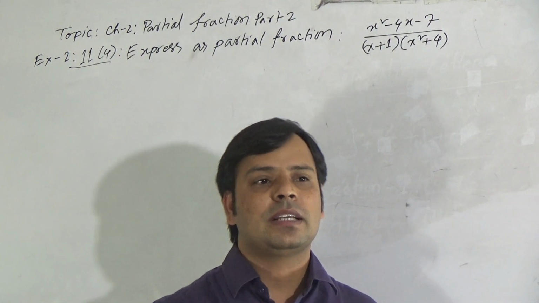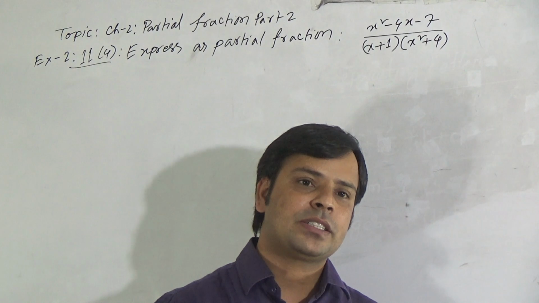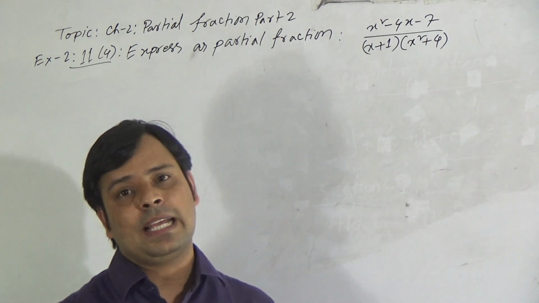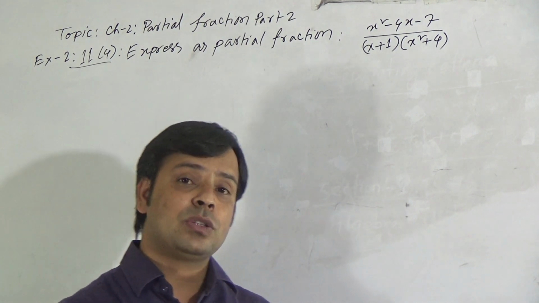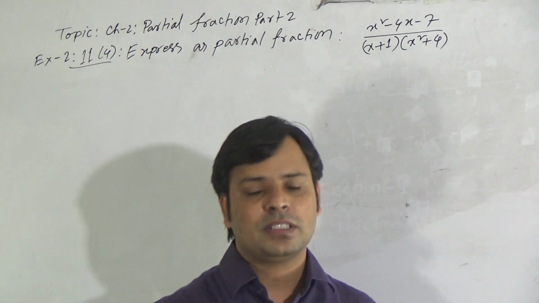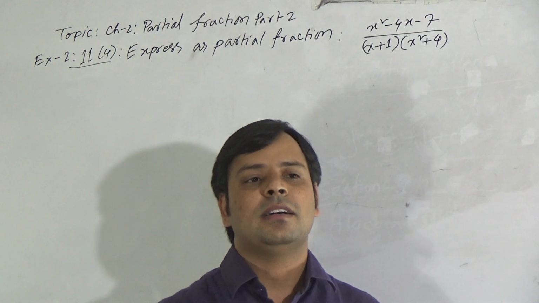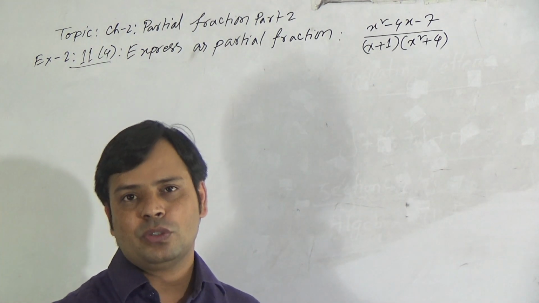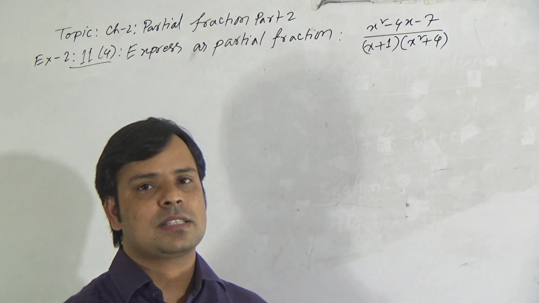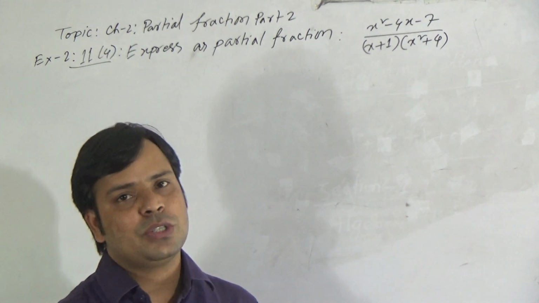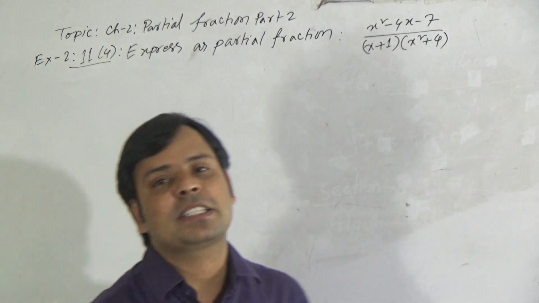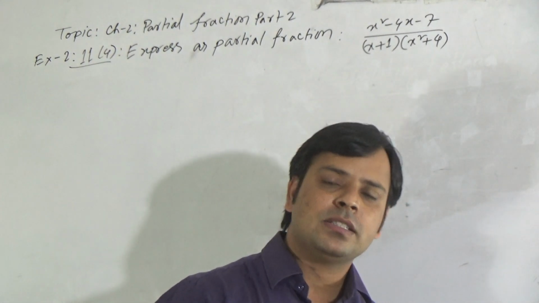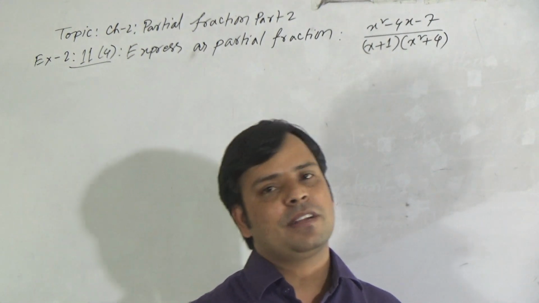In both cases, the denominator has factors where there are no quadratic factors and repeated factors. If there is no quadratic factor and repeated factors, then how to solve the problems I have shown you in the last class. In today's class, I will show you if there is a quadratic factor in the denominator, then how can we express the fraction as partial fraction.